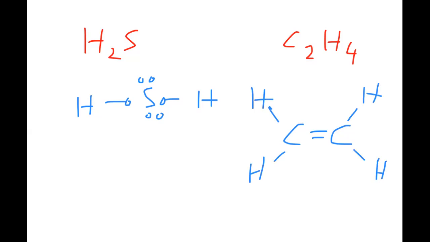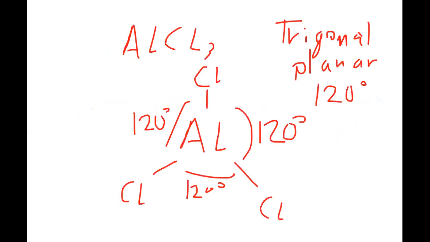So over here, we'll take any one of the central atoms, taking the first carbon. The carbon has 4 electrons, 1, 2, 3, and 4. However, we'll treat the double bond as a single bond. So that means that there are 3 bond pairs. In the case where there are 3 bond pairs, the structure is trigonal planar, as in AlCl3, and the angle is 120 degrees. That is somewhat like this AlCl3.